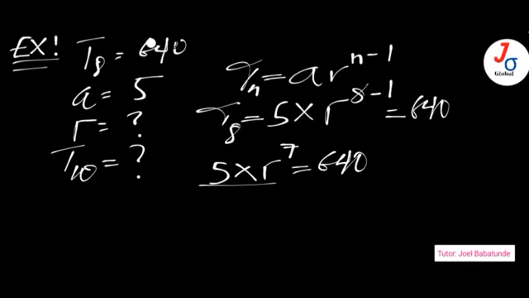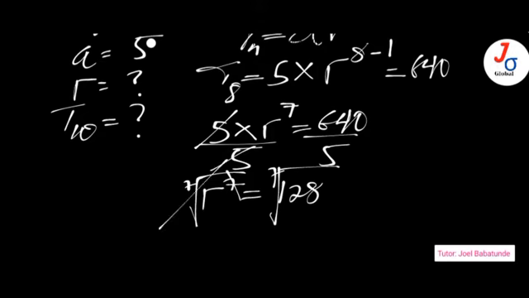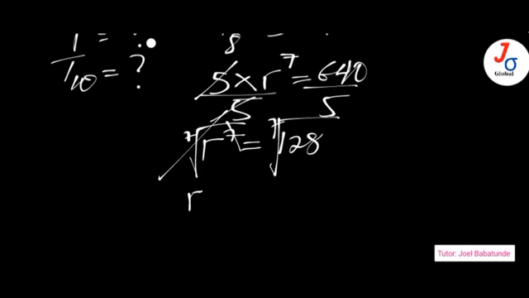I can divide both sides by 5, so r raised to the power 7 gives us 640 divided by 5, that's 128. I can take the 7th root of both sides to eliminate that 7. So r becomes the 7th root of 128, which is 2. That means our r equals 2.